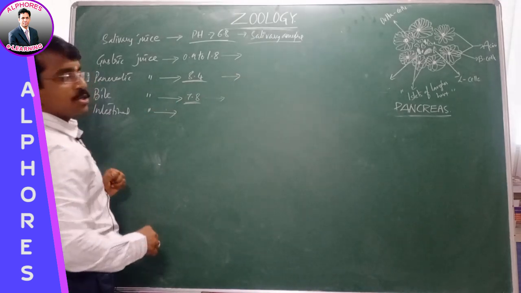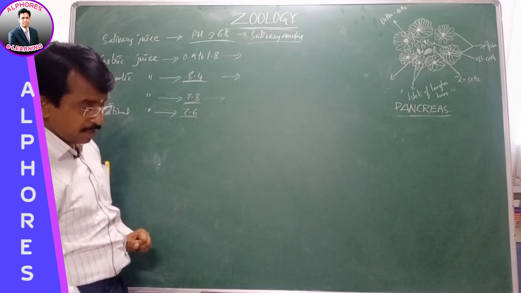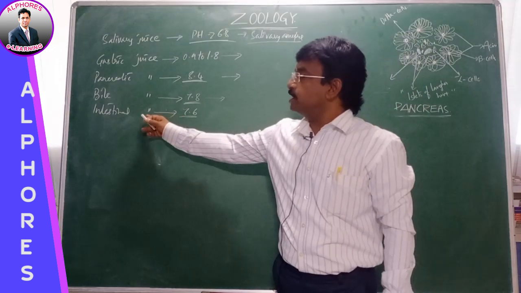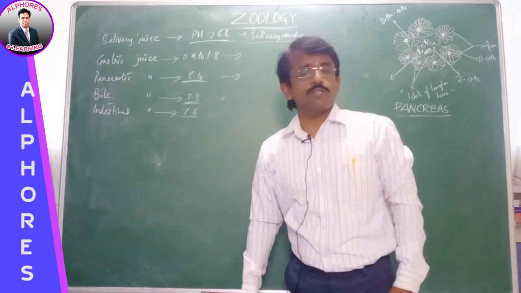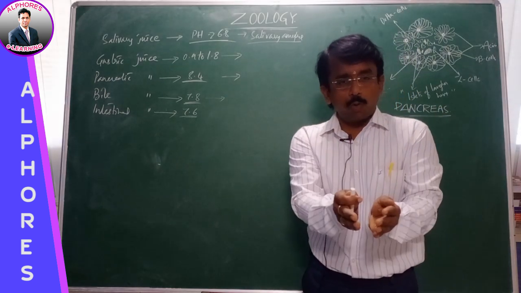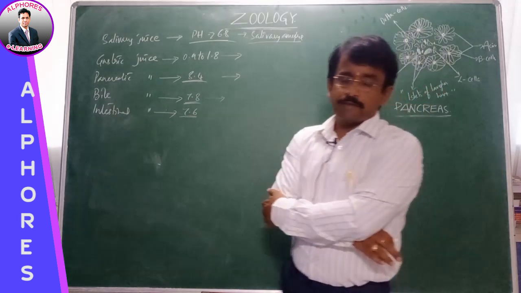Next, intestinal juice, which is around 7.6 and alkaline in nature. Intestinal juice, succus entericus, is the combination of the secretions of the crypts of Lieberkuhn and Brunner's glands.